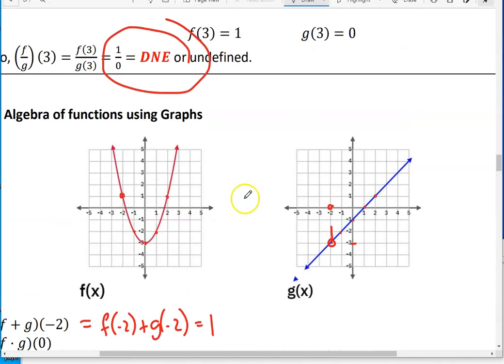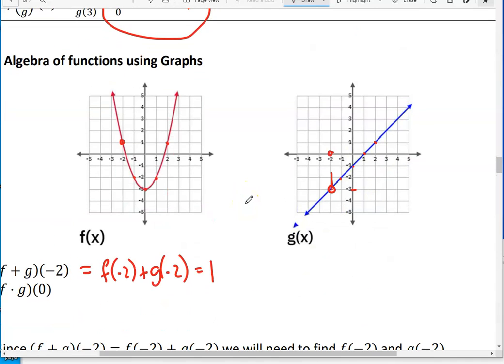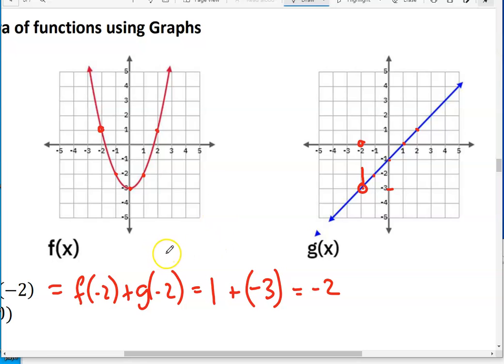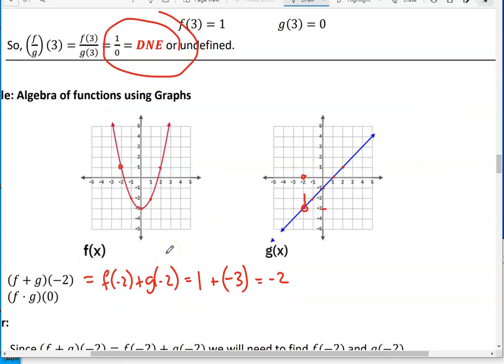So f of negative 2 is 1, plus g of negative 2 is a negative 3. Put parentheses around it if it helps. 1 minus 3 gives you a minus 2. Now make sure, and I'm happy to help you explain this, if there's any confusion in your mind, how I got f of negative 2 is a 1.